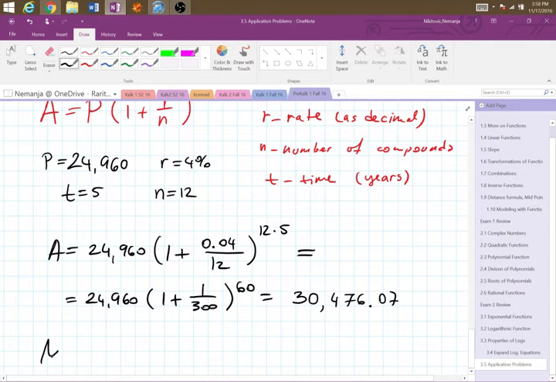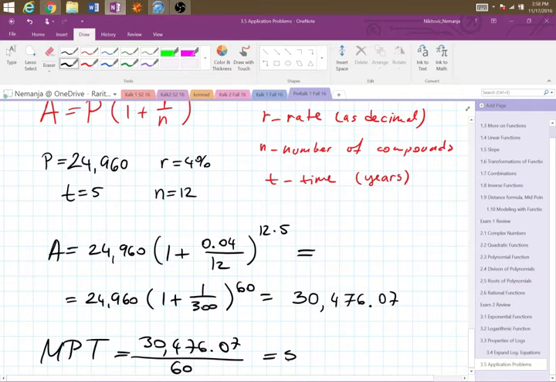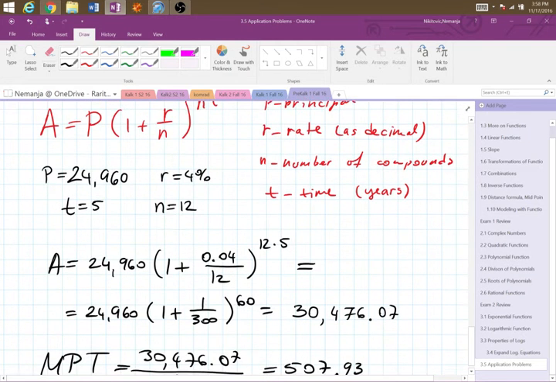So monthly payment is going to be 30,476.07 divided by 60 payments. And the exact amount is 507 and 93 cents, where the approximate amount was 508, 10 cents.